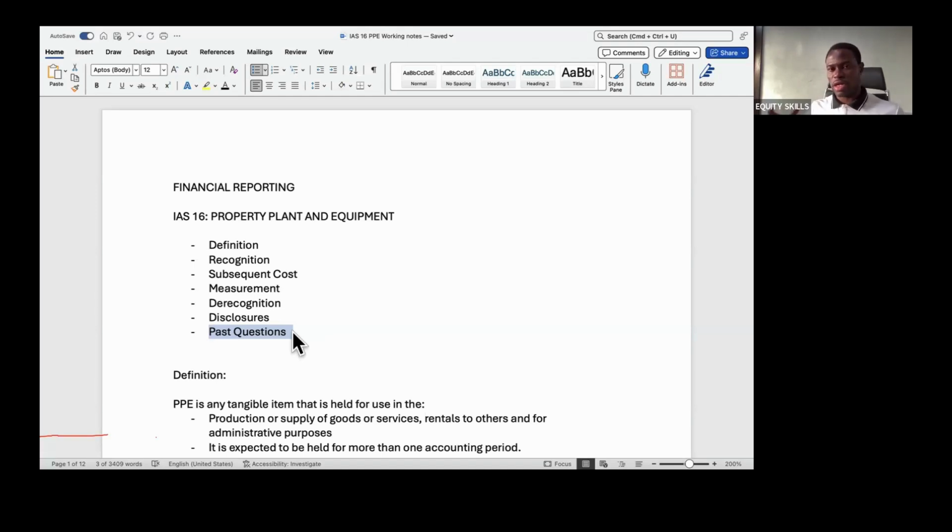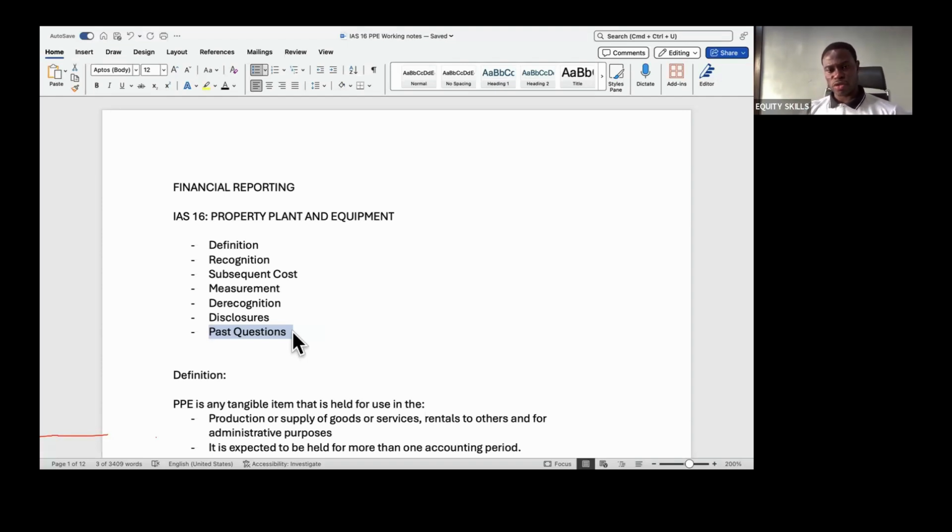They always ensure you achieve the initial lifespan of the asset. So any subsequent costs that will be capitalized must be the ones that will increase the productive capacity of the asset or will increase the useful life of the asset. These are subsequent costs that we can capitalize.